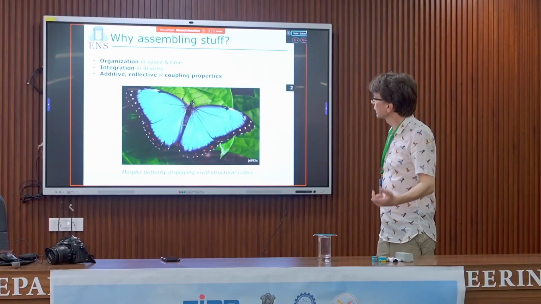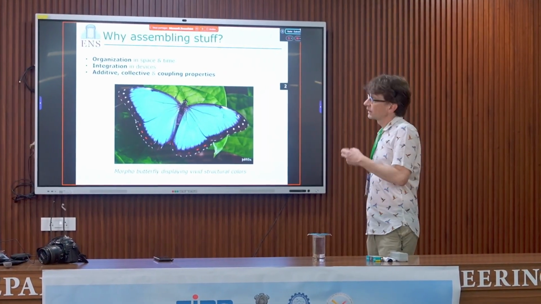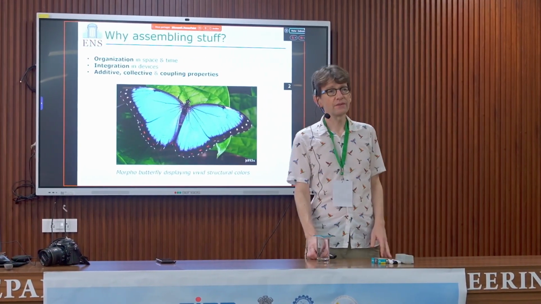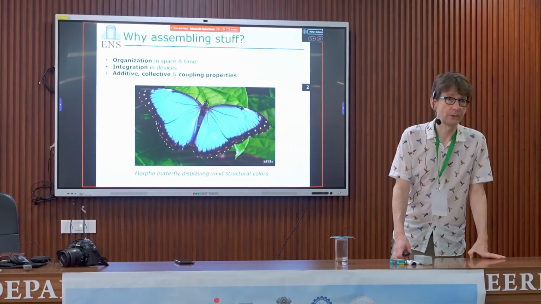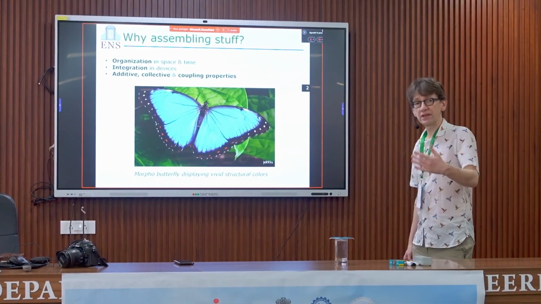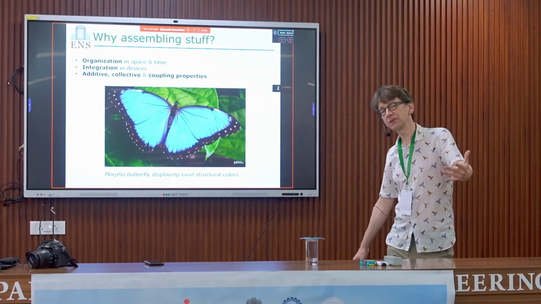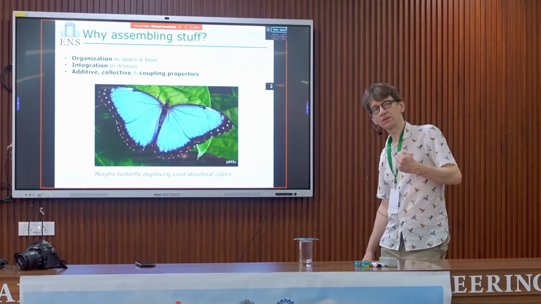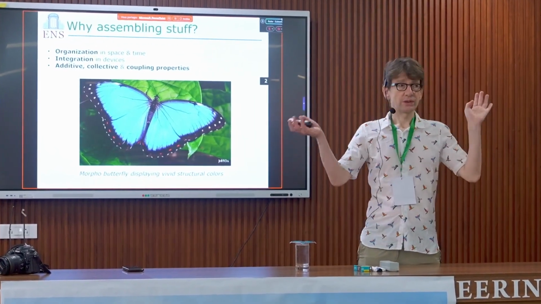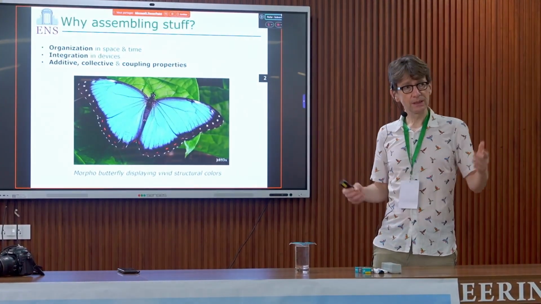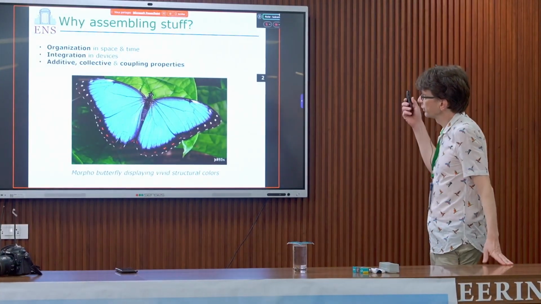But you also have collective properties and coupling properties, meaning that new properties emerge because you have something that is self-assembled. It's not only about multiplication, it's also about generating new functions. And you have many collective properties: magnetic, electronic, photonic.